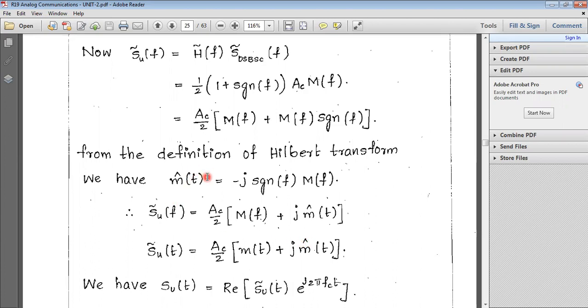So this is time domain and this is frequency domain. From the Hilbert transform, we can relate time domain and frequency domain.